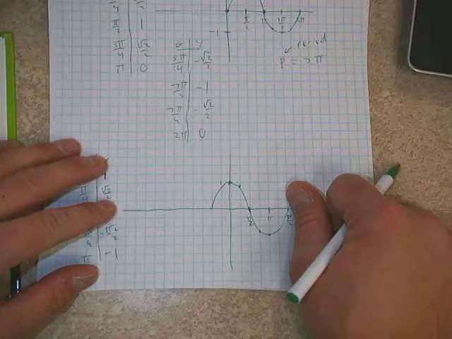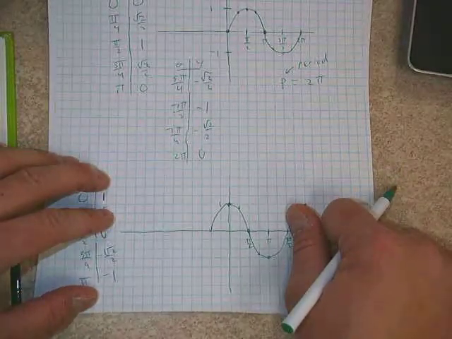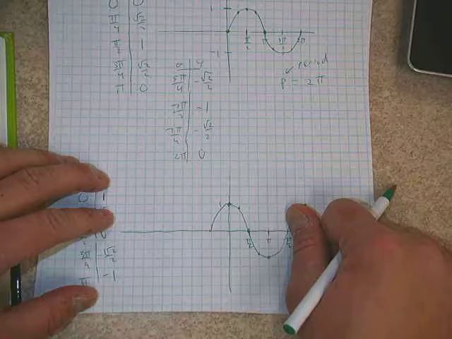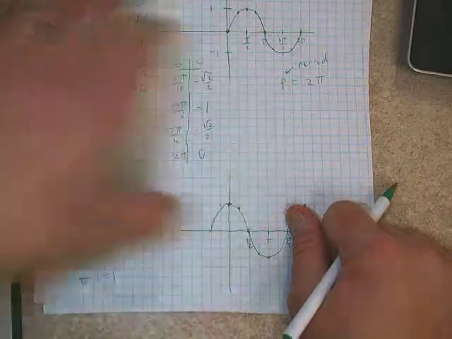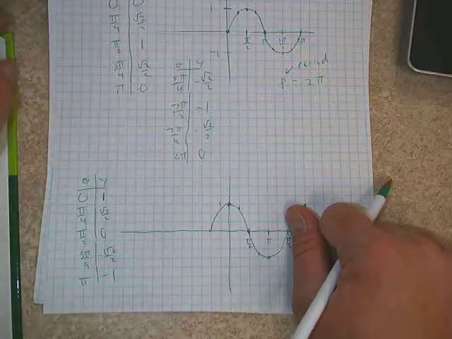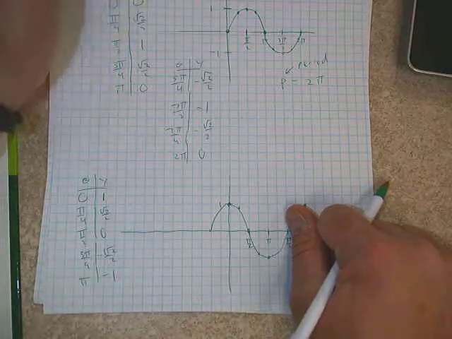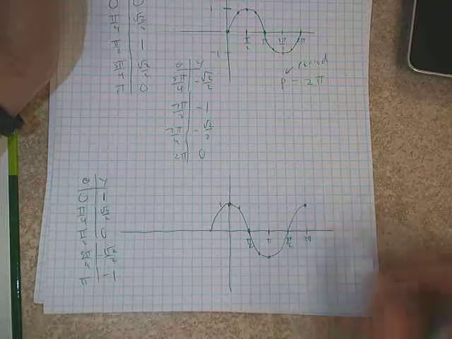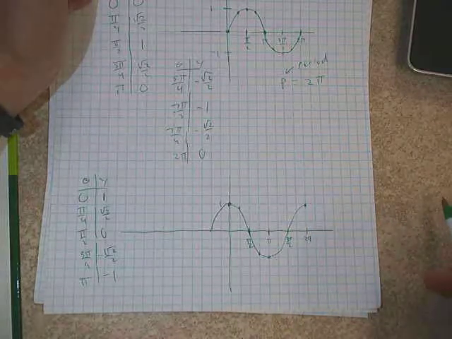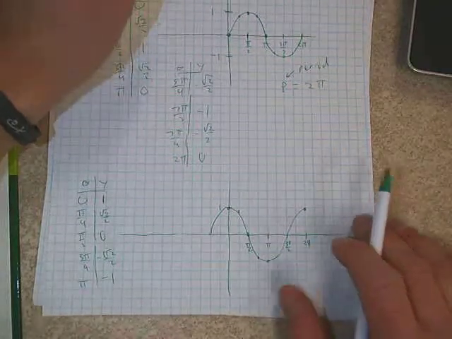And then, looking at these two functions together, notice that they have almost the same shape, don't they? Matter of fact, if I were to continue this over here, and look at the cosine, just for that part right there, doesn't that look like exactly the same picture as I drew above?